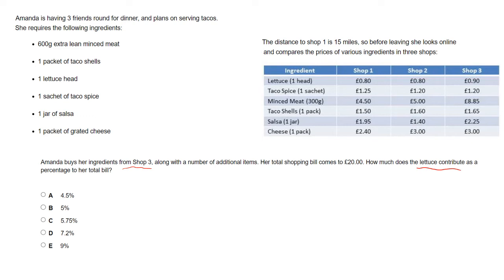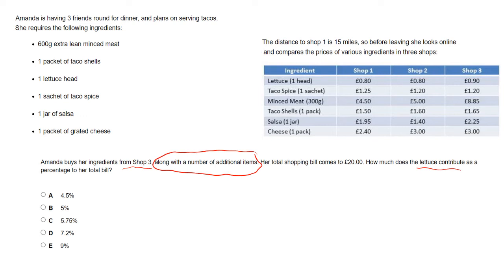But what you had to notice was this, that she bought all of this stuff plus some other stuff, and that all came to £20 altogether. So the total from these things is irrelevant. All we need to know is what percentage does this 90p she spent on the lettuce make out of the total of the £20, which comes from this stuff plus some other things.